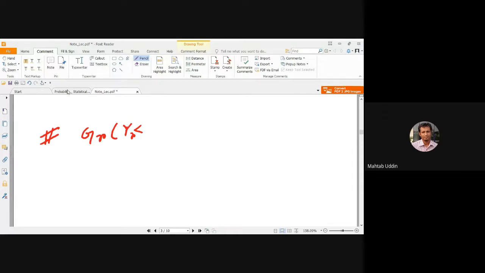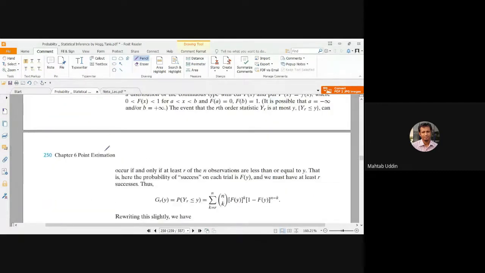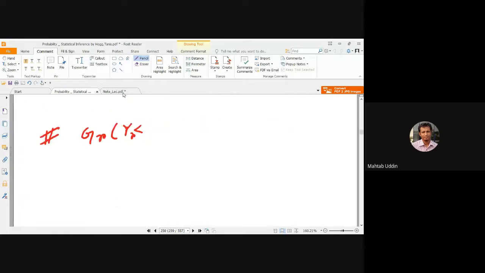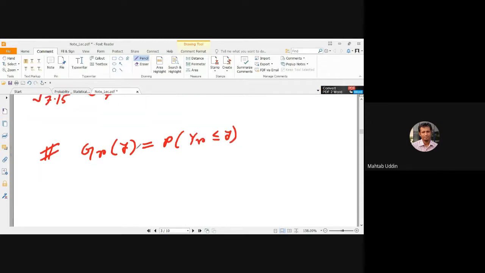G_r(y) actually gives us the probability of Y_r less than or equal to y. So if you are asked to find, say, the probability of Y_r greater than y, how can we solve it?